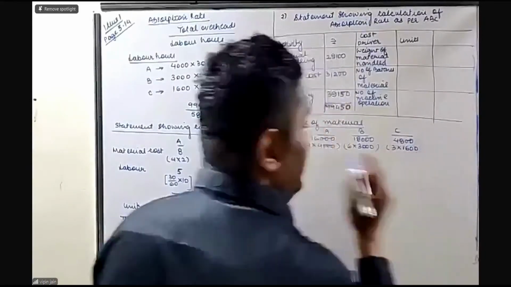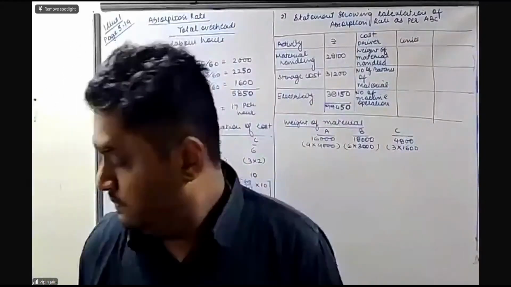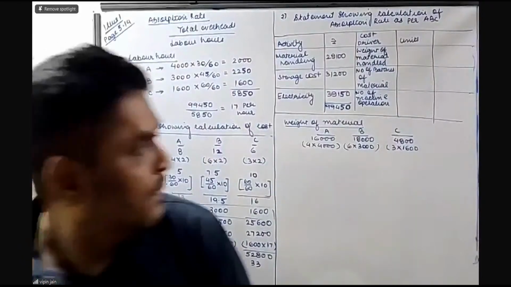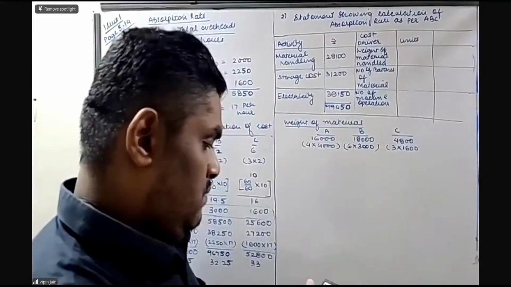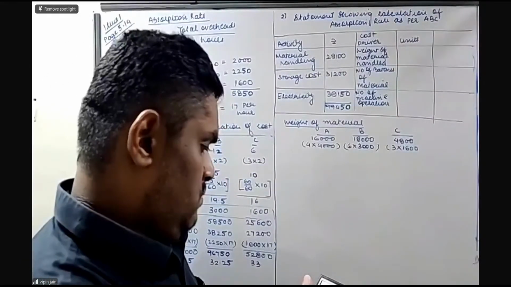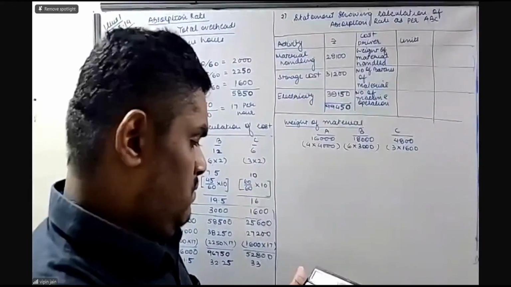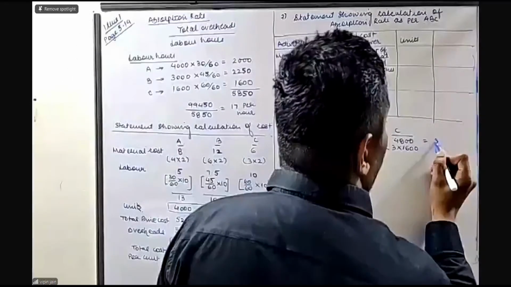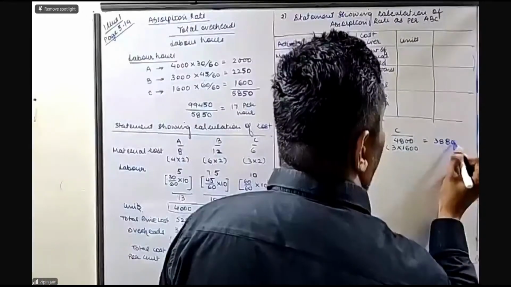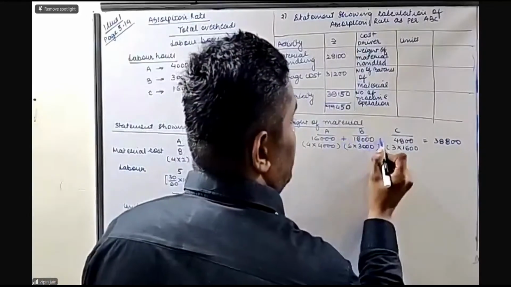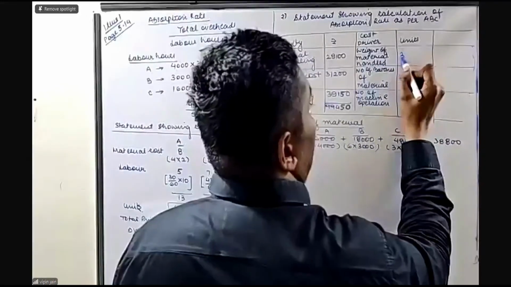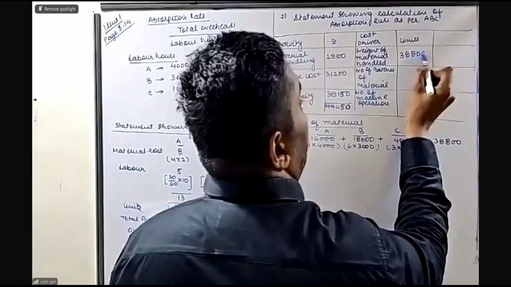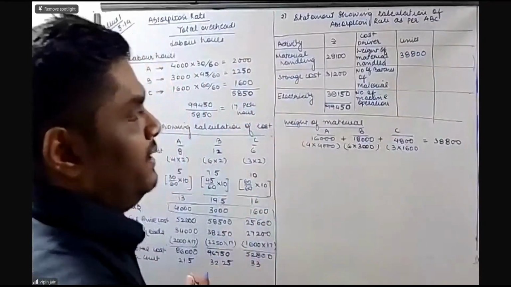So total weight of material is how much? 38,800.